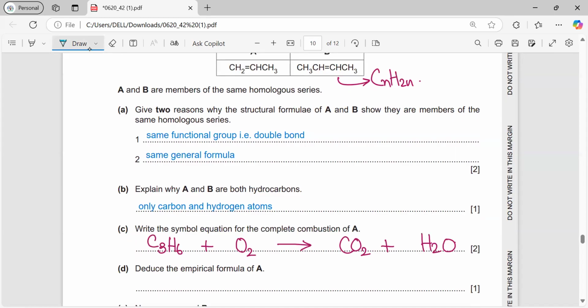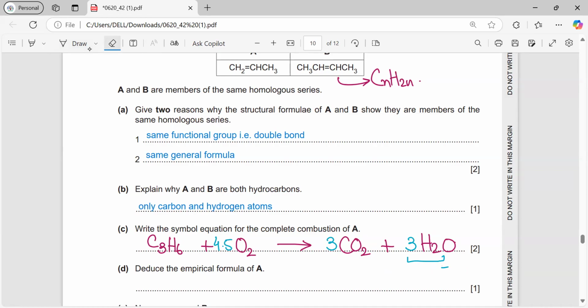For carbon 3, and for hydrogen 6, we'll write 3 here. Now this makes oxygen 6 and 3, total 9 oxygen atoms. So to balance 9, we'll put 4.5 here, 4.5 into 2 makes 9.